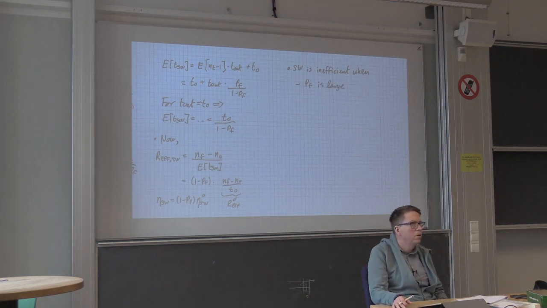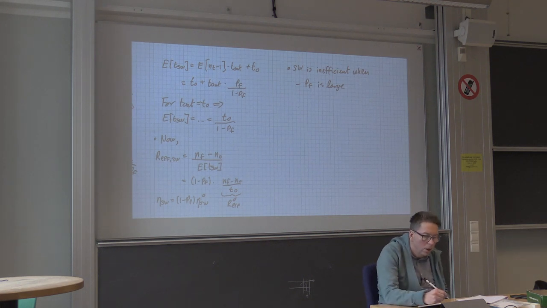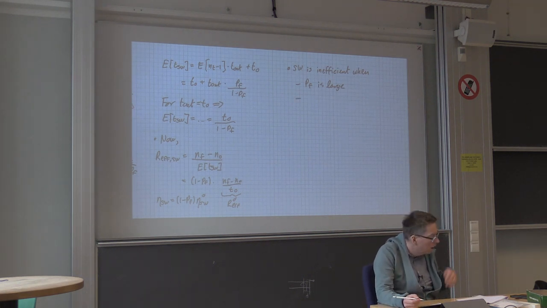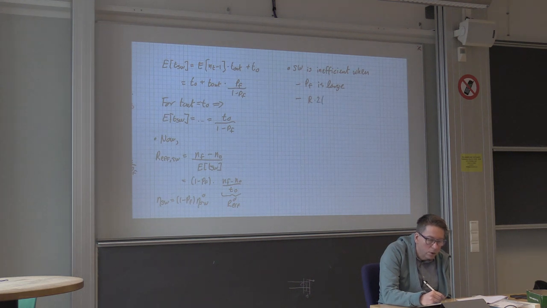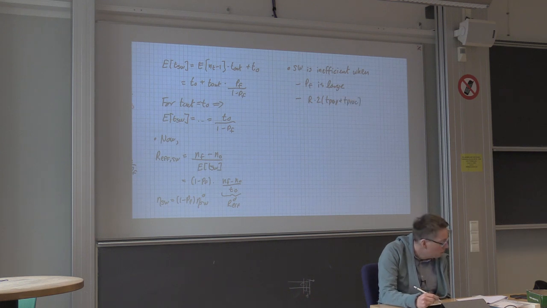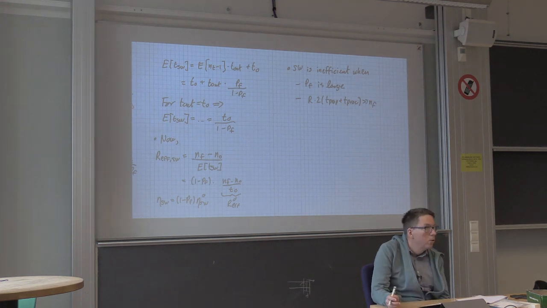But I guess that's expected, right? When the layer below us is bad, then the performance that we can deliver is probably bad too. Another thing that makes this bad is when this delay bandwidth product, R times 2 Tprop plus Tproc, is much, much greater than NF. Then we're also in trouble.